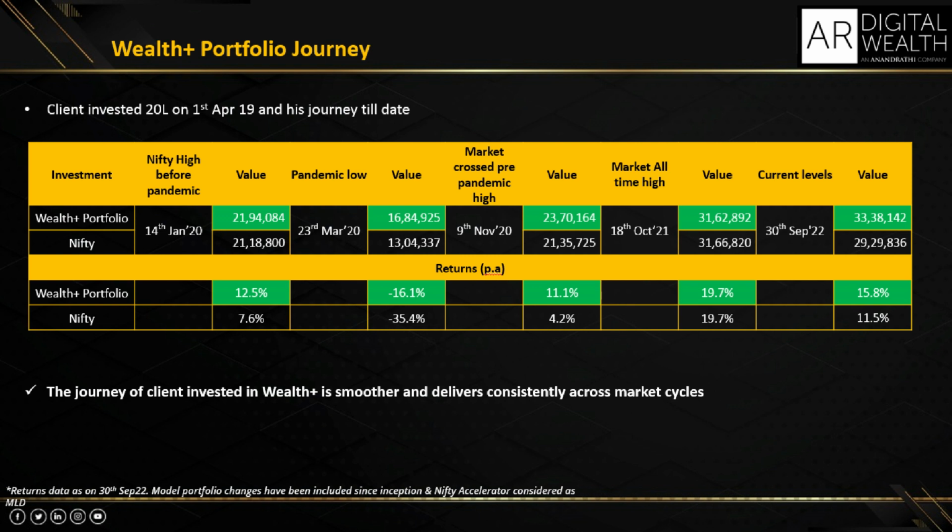And from there, if you see 30th September, you can see the 20 lakh rupees invested then would have grown to 33 lakh 38,000 in Wealth Plus and about 29 lakhs in the Nifty. So clearly outperformance of 4% over the benchmark. And hence, if you can see all the time frames, this journey is much smoother than your pure investments into stocks or a mutual fund.